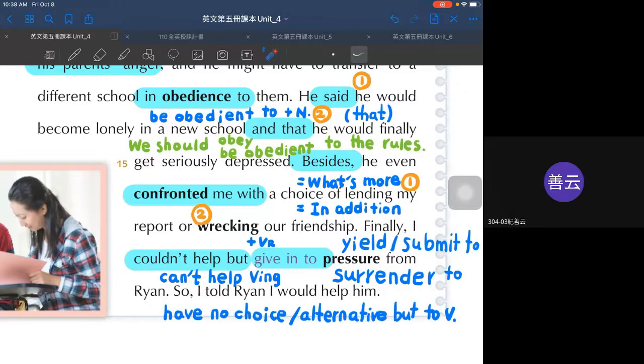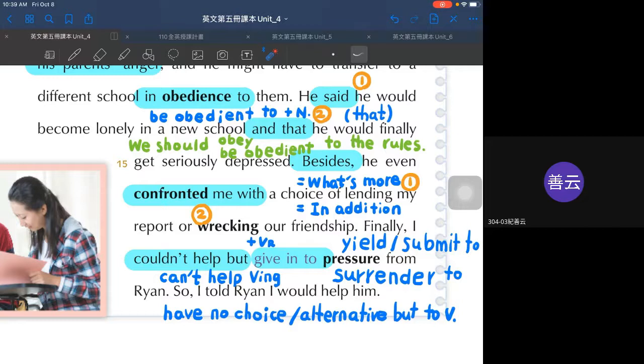And another key phrase you have to underline here is give into. When you give into something, as we mentioned before, it means you surrender to something. So you can write down give into or surrender to something. You can also use another two verbs like yield to something, or submit to something.